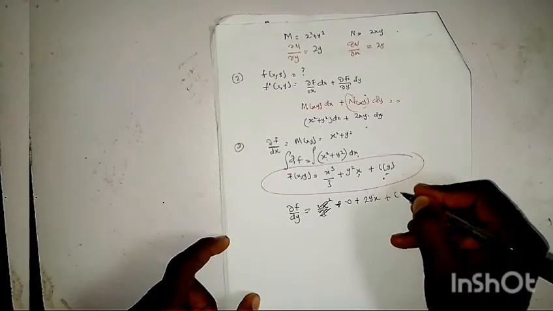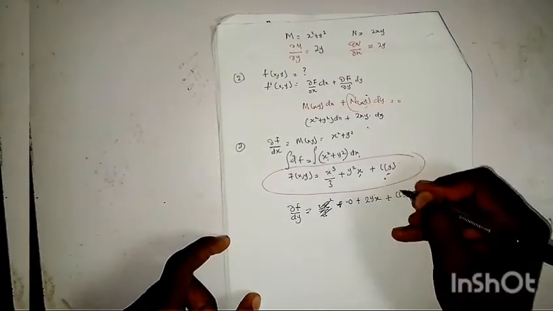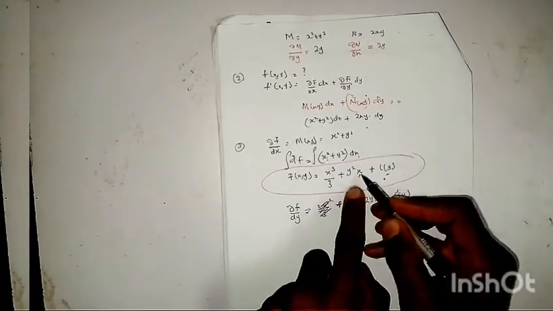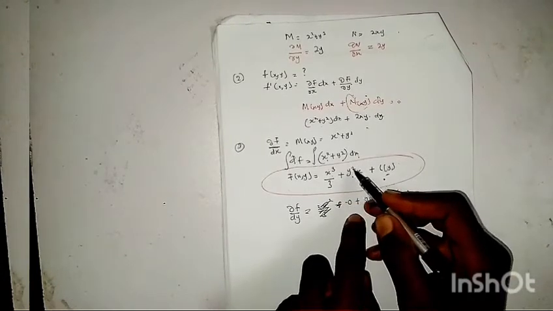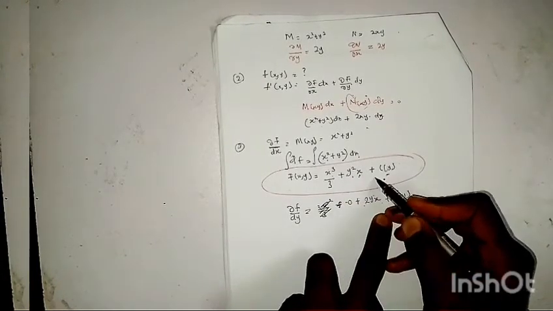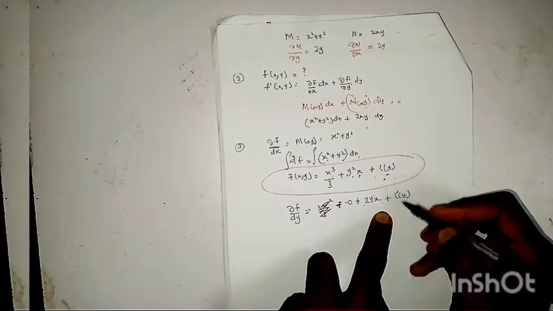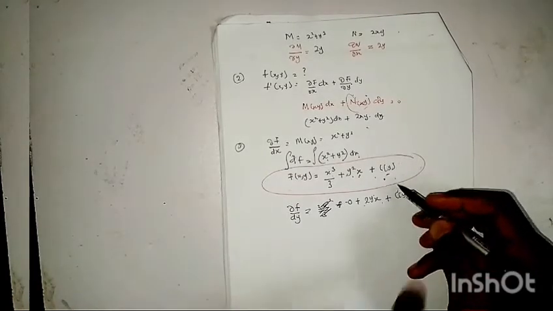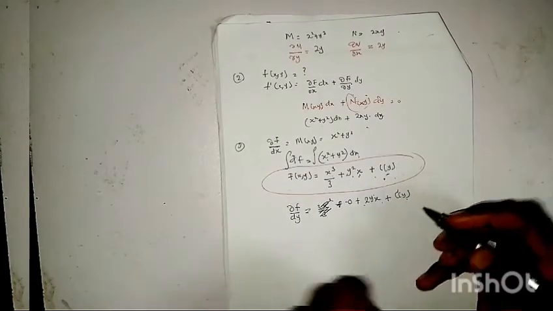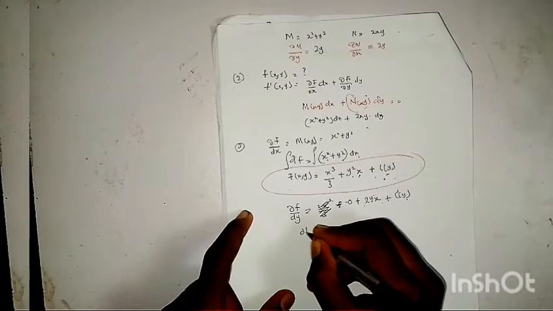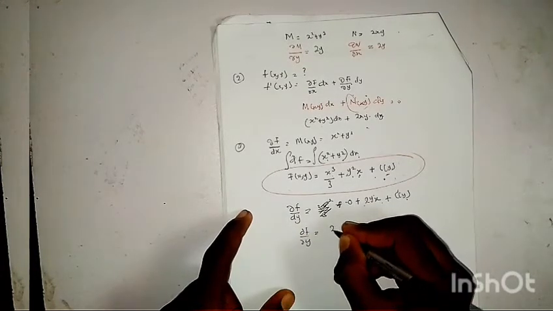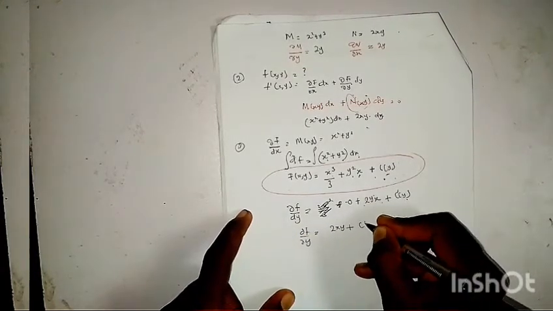Plus c, which is a function of y, c prime. Because I differentiated this with respect to y, which is 2yx, plus differentiating this with respect to y, this gives me c prime. Is that again? So this is the f dy is equal to 2xy plus c prime of y.